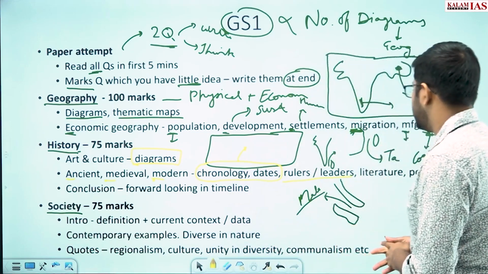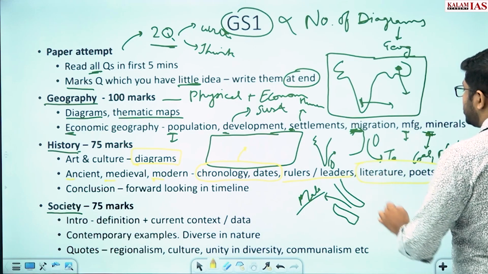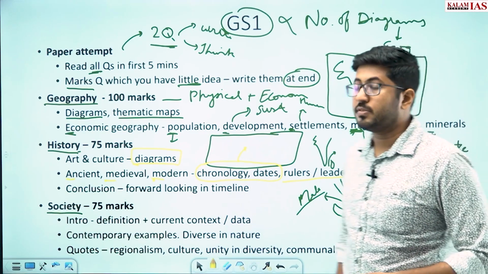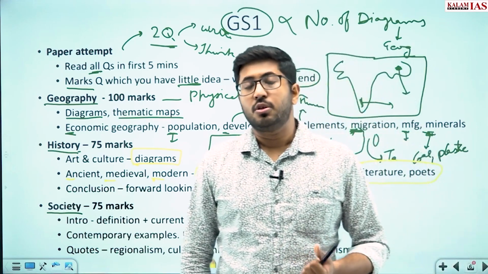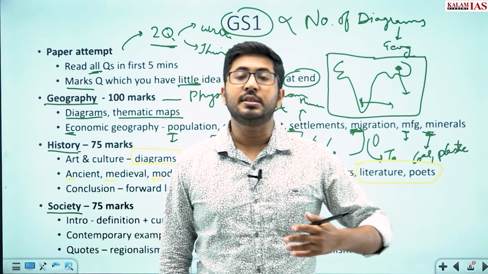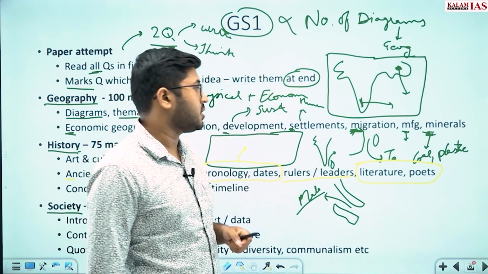And also the literature and the poets of that particular time. In modern history, suppose you have examples of Dadabhai Naoroji, Nehru, Gandhi himself, who used to write a lot. You can quote the books or the journals written by them. Bal Gangadhar Tilak used to write a lot of journals.